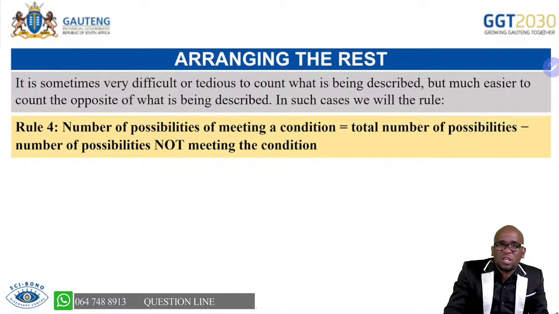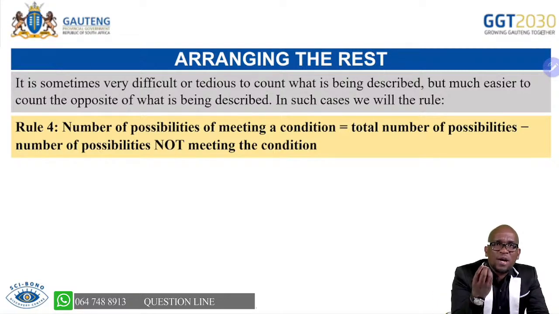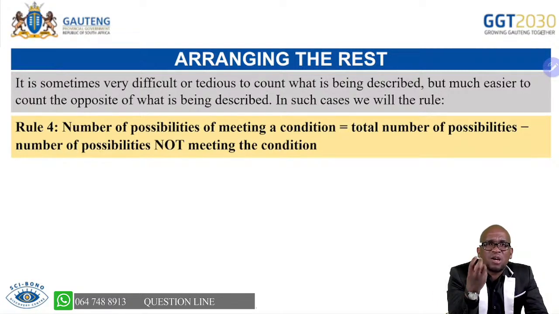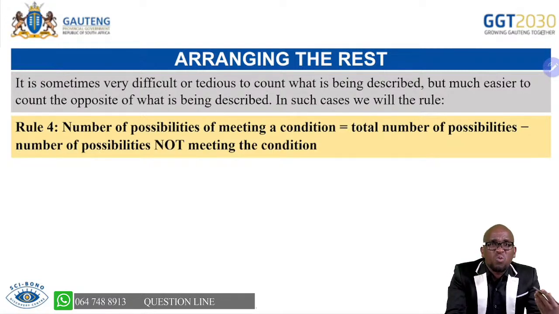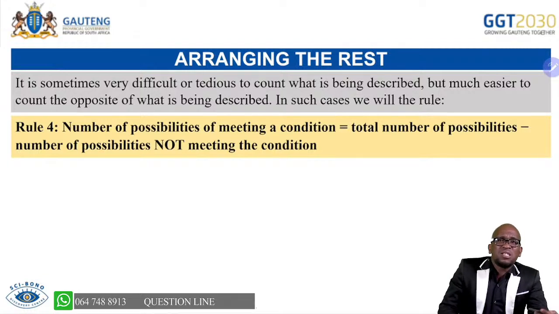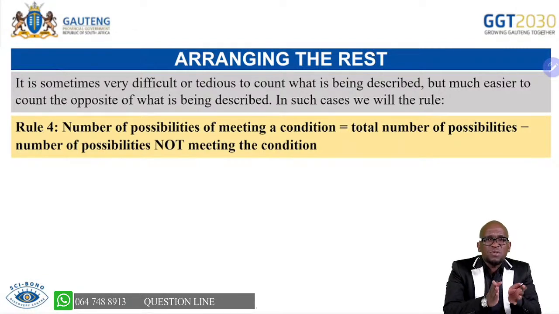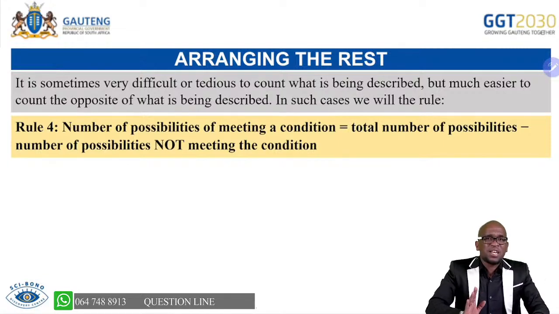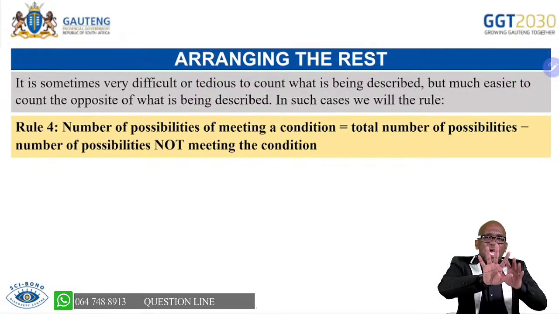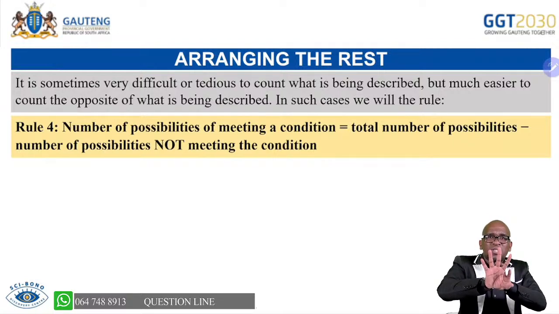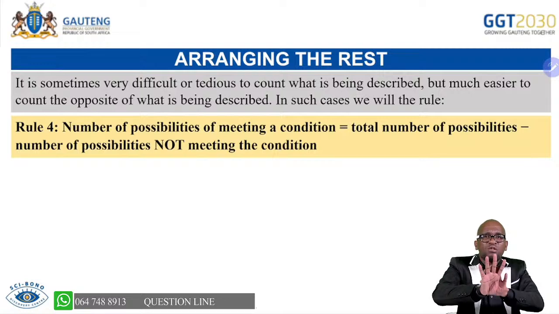Now, this is also key. Sometimes what you have to count is practically not possible, or it can be tedious to count what the question demands, and it becomes much easier to count by difference. For example, if I have 5 possibilities in total, there are those that meet a condition and those that do not.